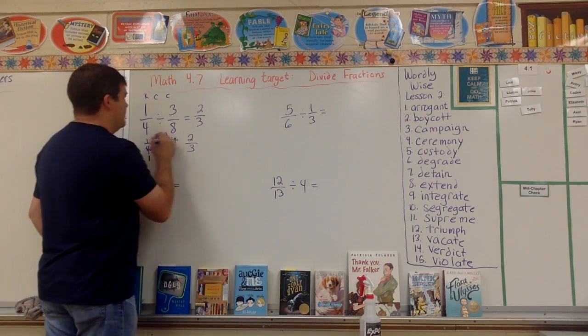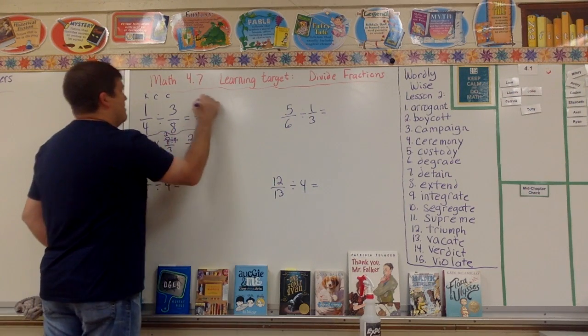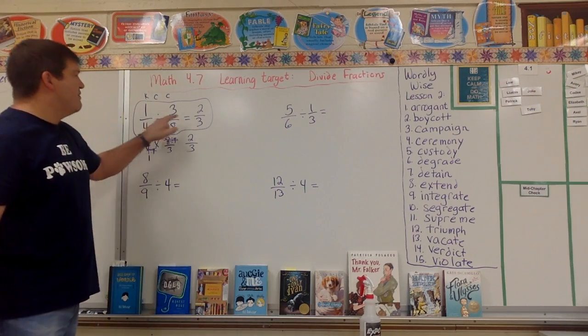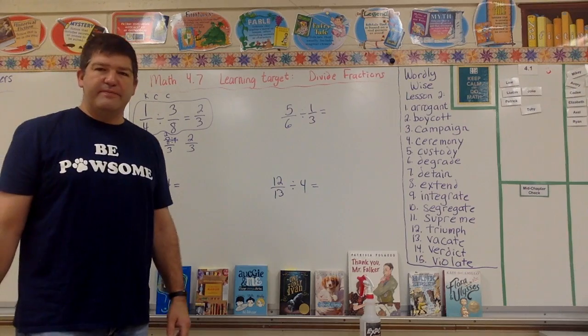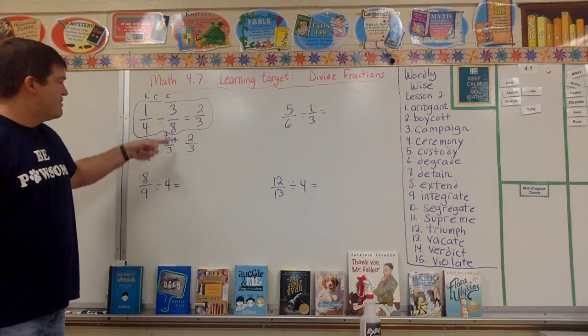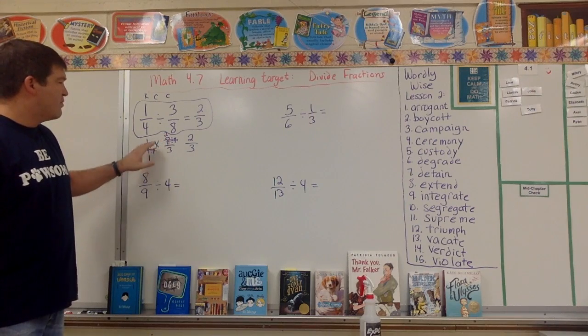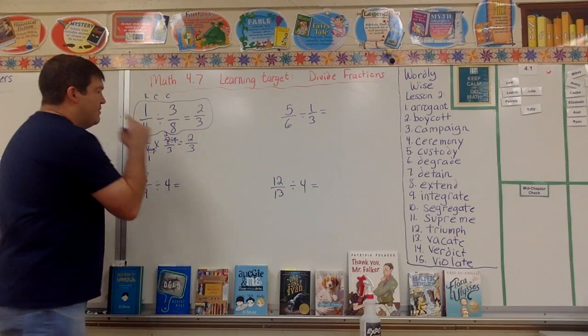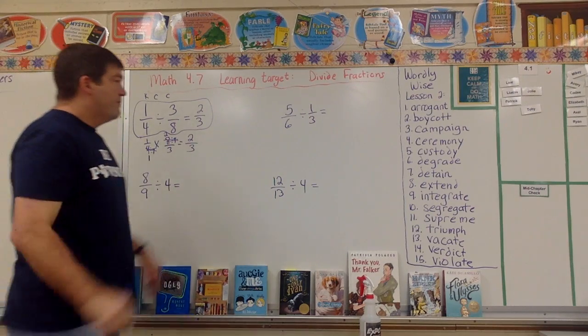So my answer is 1/4 divided by 3/8 equals 2/3. And the way I got it is I did my keep, change, change, the reciprocal of that, I cross simplified, and then multiplied.